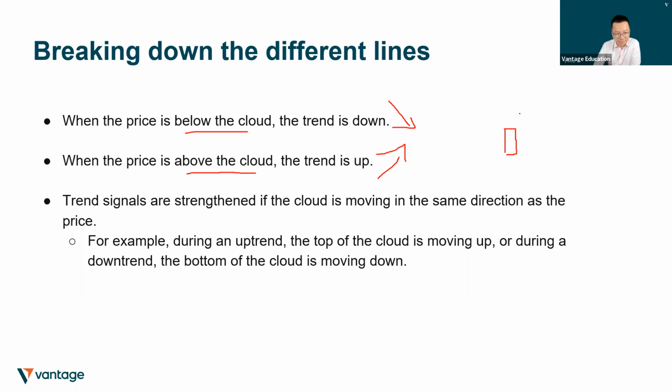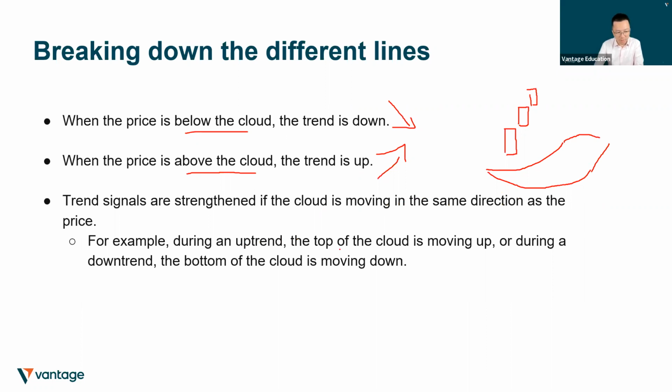Those of you who are my frequent viewers will know that I'm terrible at drawing with the mouse. That shows that the cloud is moving in the same direction as the price, which indicates the likelihood of a stronger uptrend.